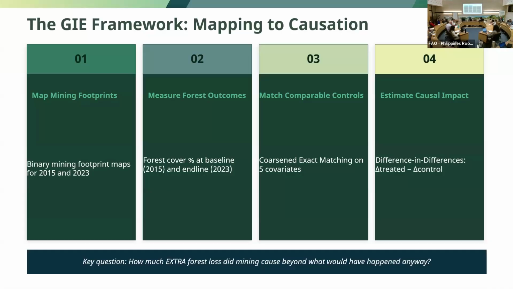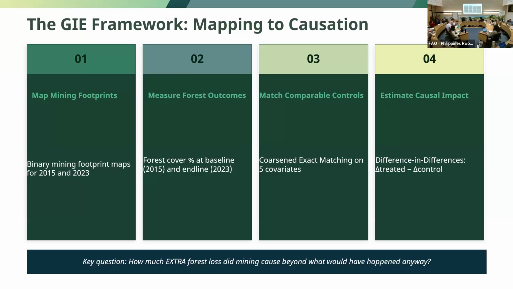And so the framework that we looked at was the difference in differences. And the idea was to take the illegal mining footprints that we have been working on over the years, because as part of the USAID SERVIR program, we had been mapping the extent of illegal mining footprints and making that available to the government agencies.